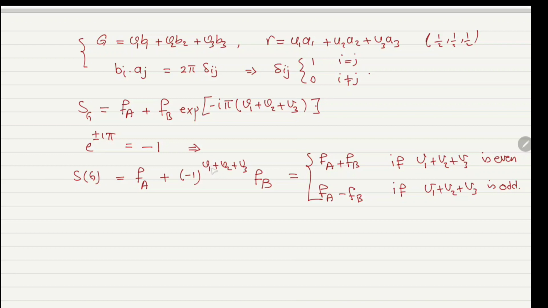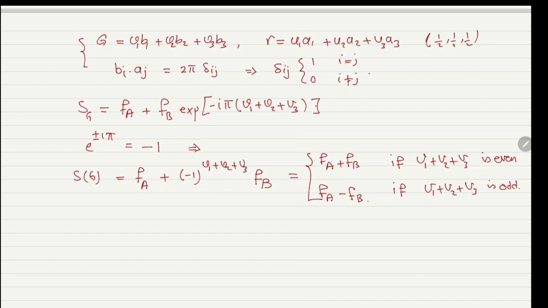Now, if v1 plus v2 plus v3 is even, this will be positive, so the answer will be f_A plus f_B. If v1 plus v2 plus v3 is odd, in this case the answer will be f_A minus f_B.